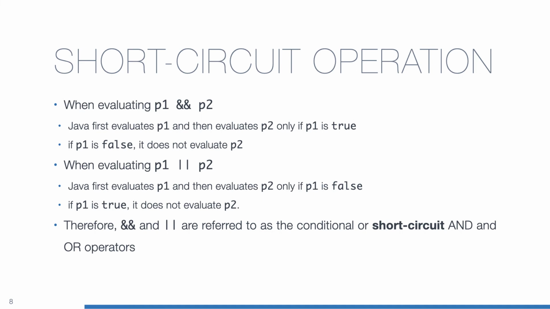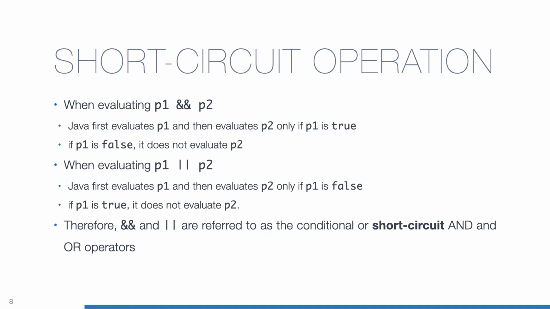Now, the reason it's important to mention this is that P1 and P2 may not simply be a value. It may not just be a variable that has a value of true or false. It can be an expression that evaluates something, that assigns a new value to a variable, or uses the increment or decrement operators and changes that value.